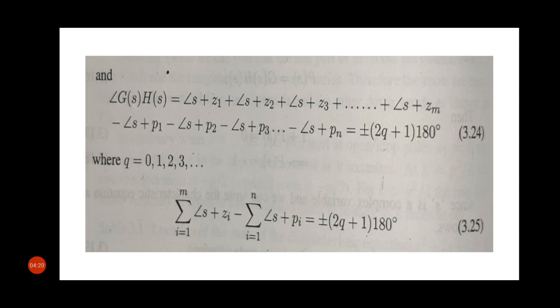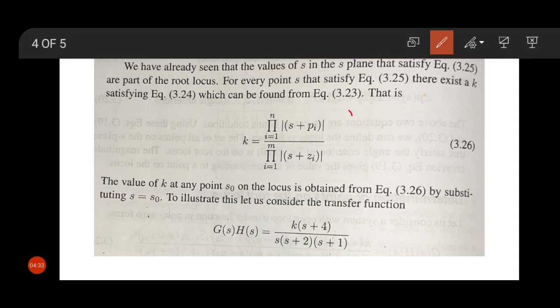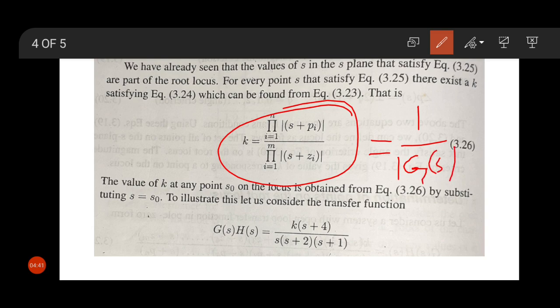From equation 3.23 we find the value of K. So we can write K equal to this, which is the reciprocal of modulus of G(s)H(s).